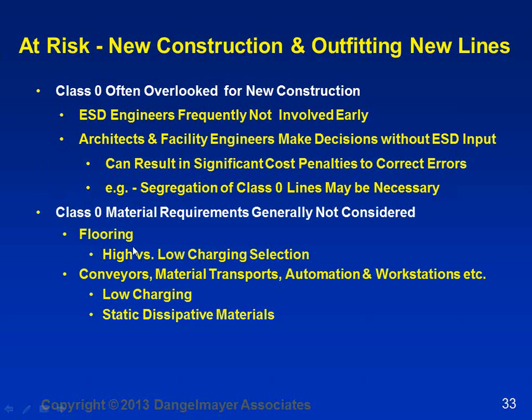For instance, flooring. There are many good choices out there. Some of them are high charging, and others are low charging. If you're putting in a floor, and you have to put in a brand new floor in a new building, why not get a floor that's not only conductive, but low charging? For instance, conductive vinyl is a very commonly used floor, and it's high charging. I found this out the hard way.